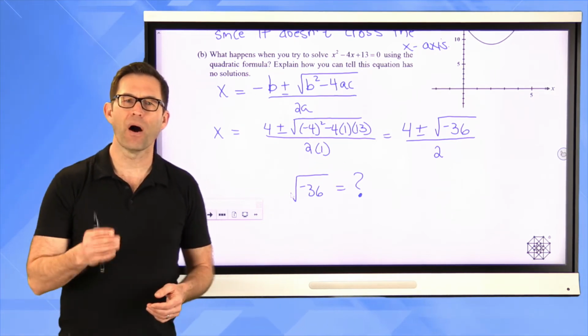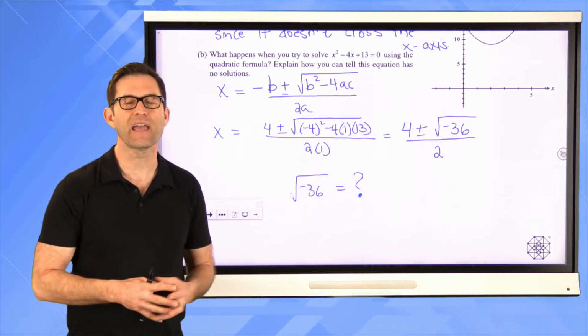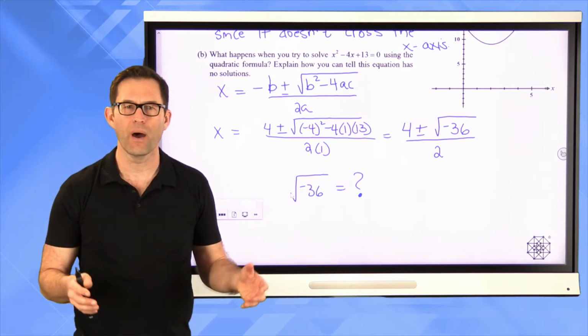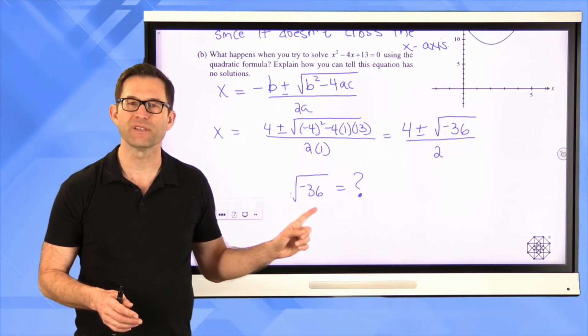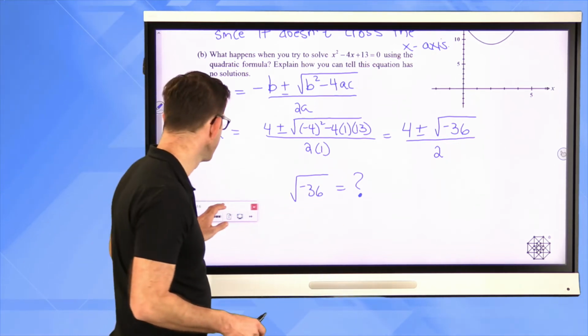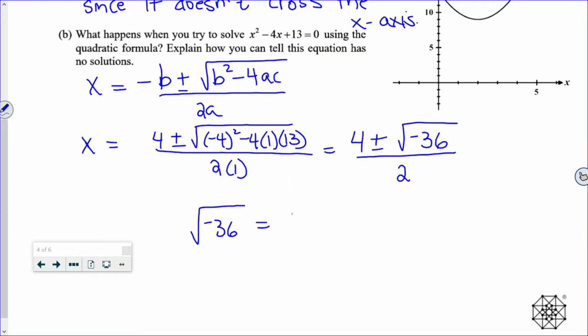In fact, a positive times a positive is a positive, and a negative times a negative is a positive. So there is no real number that when you square it will give you negative 36. So the square root of negative 36 is not any real number, right?